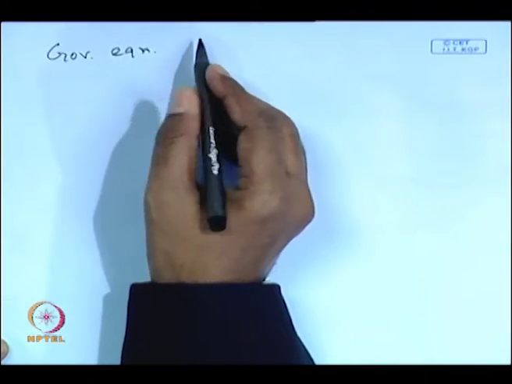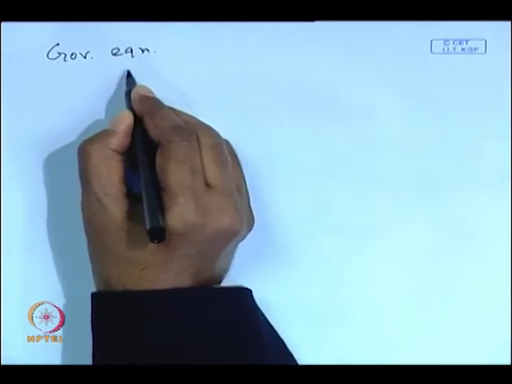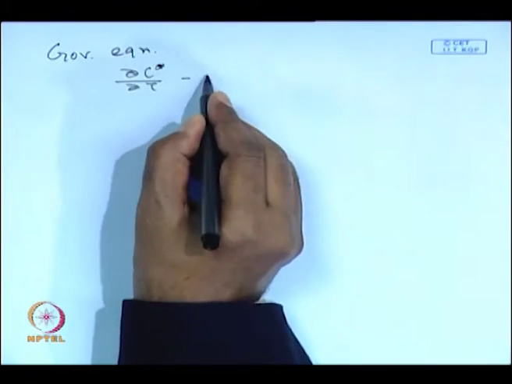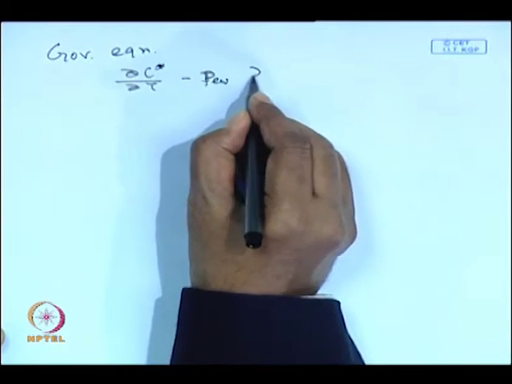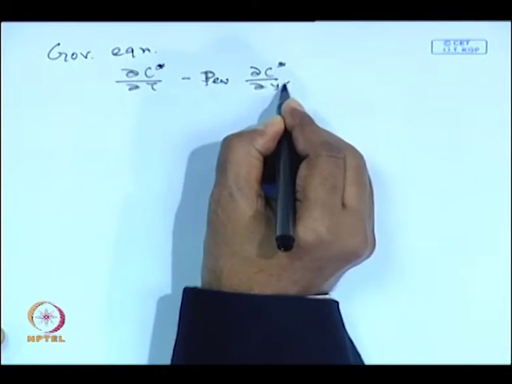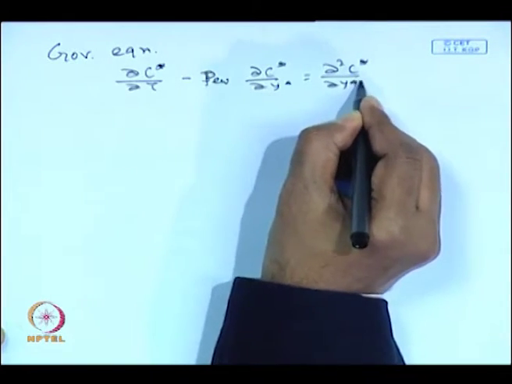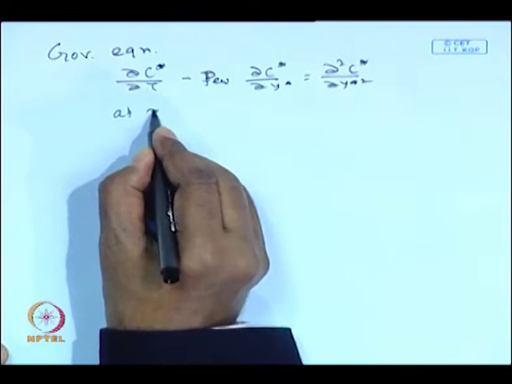So, if you remember the governing equation that we have written in the last class for the transient or the time varying filtration system: del C star del tau is equal to minus J minus PeW del C star del y star is equal to del square C star del y star square. And we wrote down the initial and the boundary conditions.